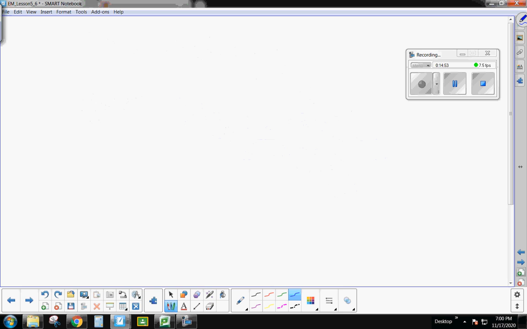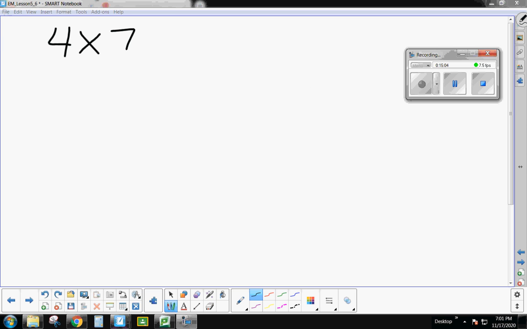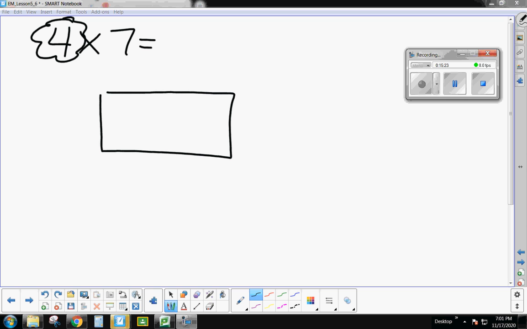Let's try another one. All right, what if I gave you this time 4 times 7? I know the doubling strategy will work because one of my factors is even, and I'm going to let you in on a secret. Anytime I do times 4, I use the doubling strategy. Anytime. Okay, so draw out your rectangle, label your sides.